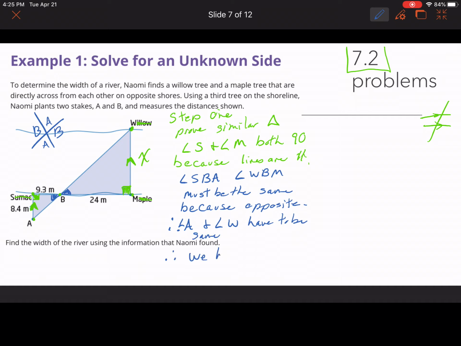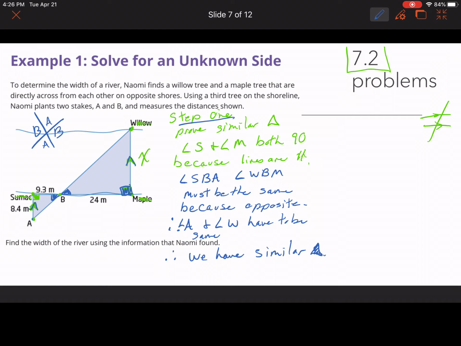Therefore, we have similar triangles. So that's step one. We have to prove that we have similar triangles. And because we have two angles that are the same, we have similar triangles. We know that because we have parallel lines and at least one right angle, so the other one has to be right too.